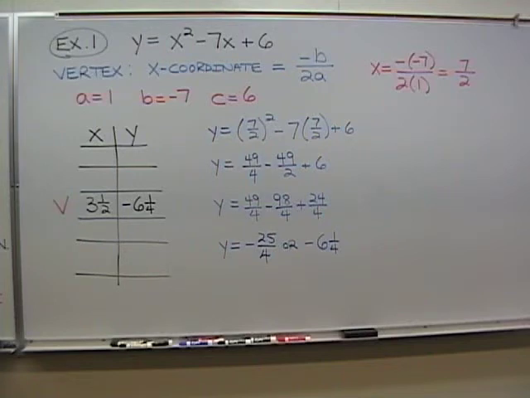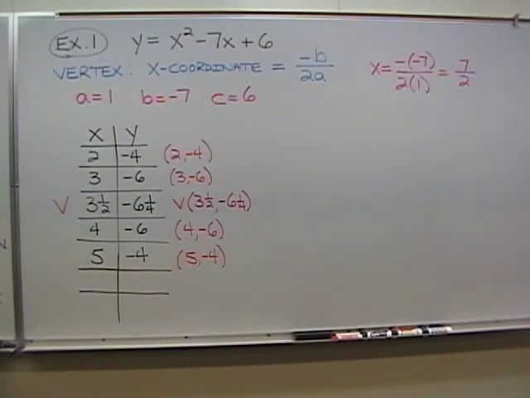Well, the vertex is sitting at an x value of 3.5. So the next 2 x values sitting to the right or bigger will be 4 and 5. And the next 2 x values sitting to the left or smaller of the vertex are going to be 3 and 2. So let's go ahead and put those values into our xy table, and let's substitute them in to find out the 4 other ordered pairs that we're going to need to graph.